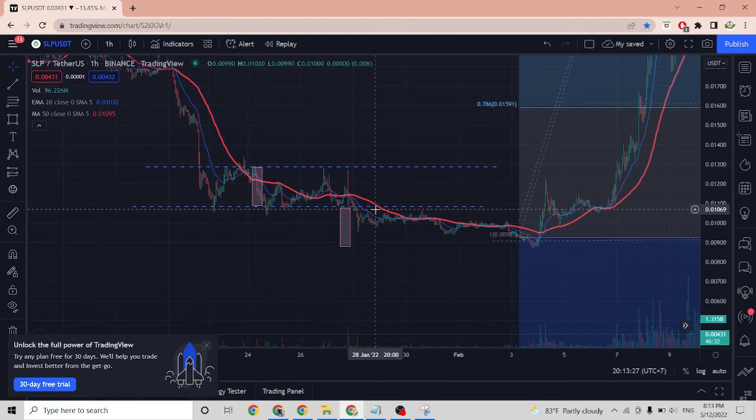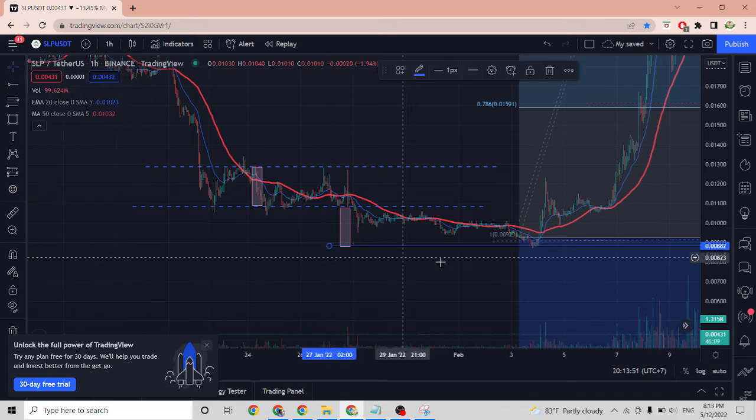And also at this line, it's confirmed by MA and EMA, because MA 50 is below EMA 20, meaning that it is confirmed with the chart. So this is the point that we buy.